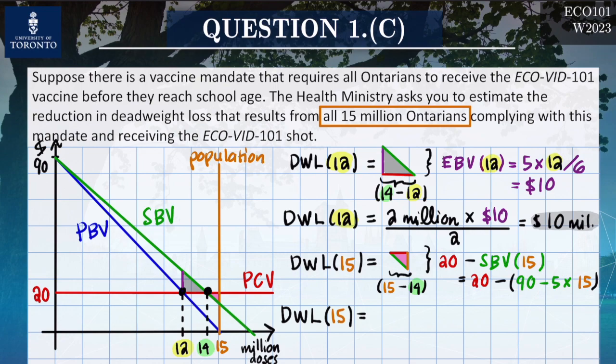So the area of a triangle whose base is 1 million doses, the difference between the quota and the optimum, times the height, which is the difference between the marginal cost of production and the value of social benefit for the last person being vaccinated, which is equal to $15 under the quota. So we need, of course, to divide this by 2. And that's going to give us the deadweight loss for the vaccine mandate, which you calculate and it's equal to $2.5 million when everybody, the entire population, gets vaccinated.